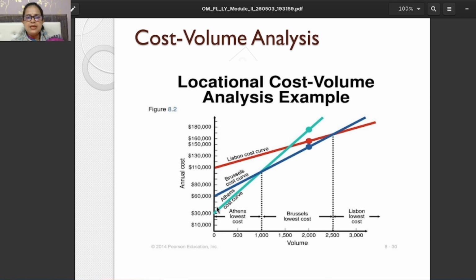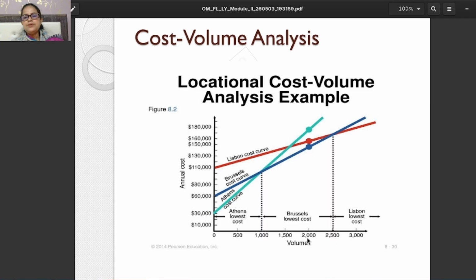If we see, the highest total cost for the location is 1,80,000. What is our volume of production? Our volume of production is 2000. But when we plot the graph, we always plot the volume versus our total cost. This is our total cost, and this is our volume of production.